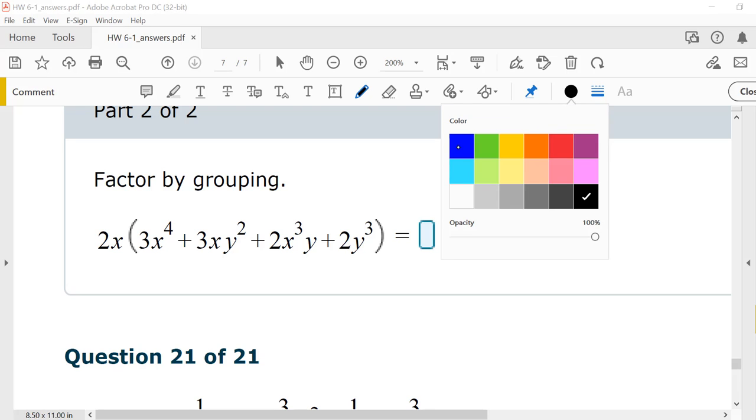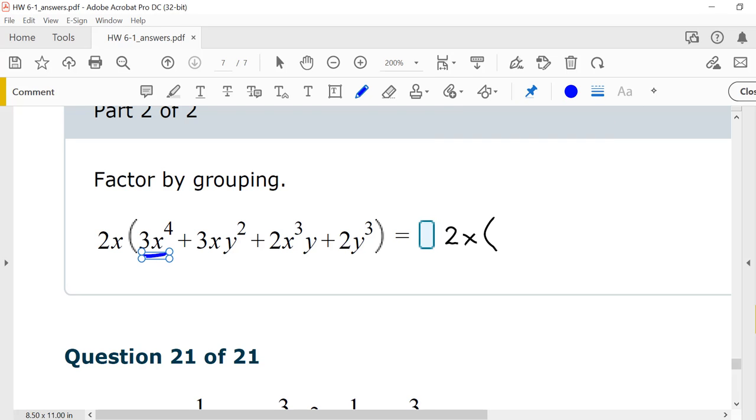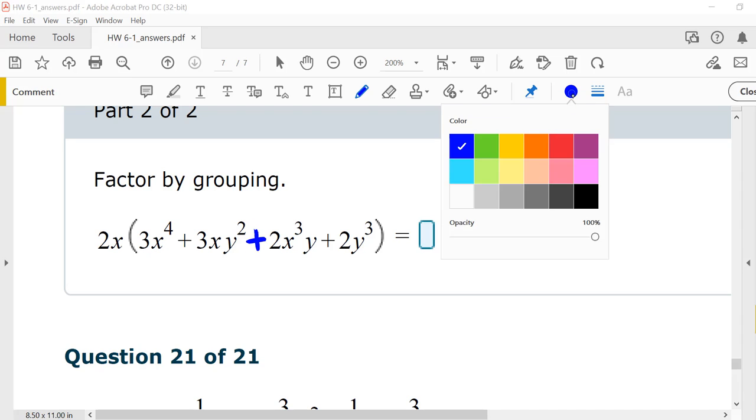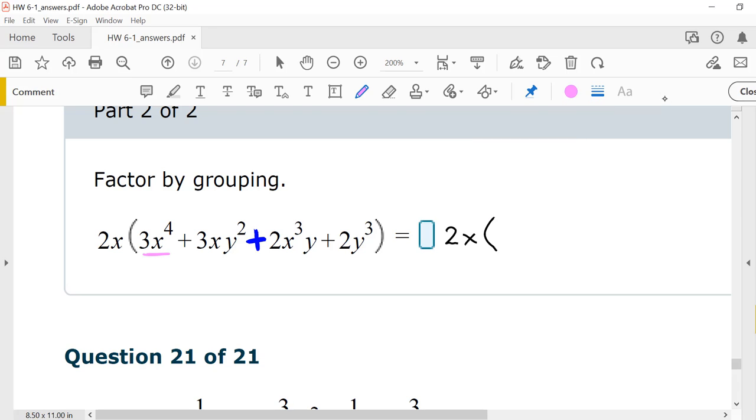So right now, I just want to focus on 1, 2, 3, 4. Those 4 terms. I'm going to put a big plus here. Okay, from my first 2 terms here, what comes out? What's the GCF?